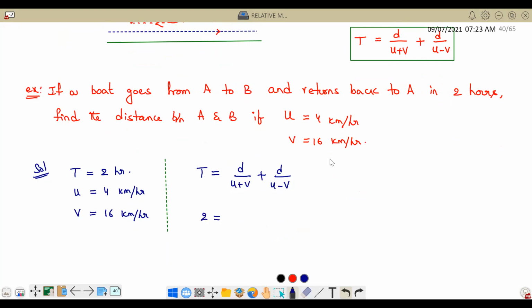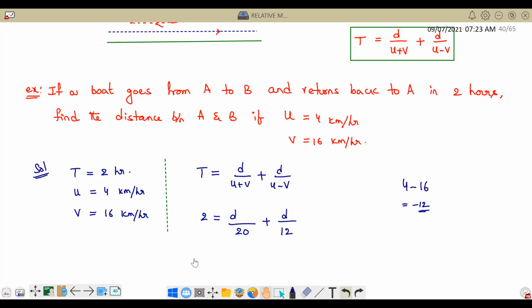Distance d is what we have to calculate. So d by u plus v. u plus v is 4 plus 16, 20. For addition, it is not a problem. Then d by u minus v. Now you may get 4 minus 16. Don't worry that you'll get actually minus 12. But don't take it as minus 12 because the negative sign we already took. So just take it as 12.